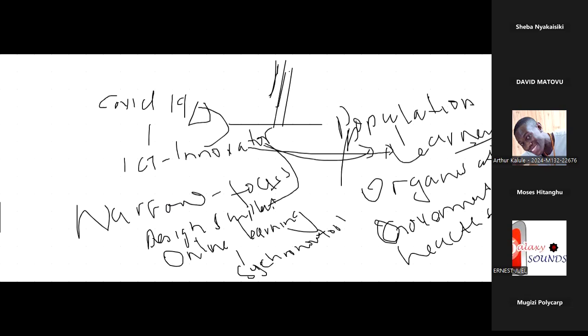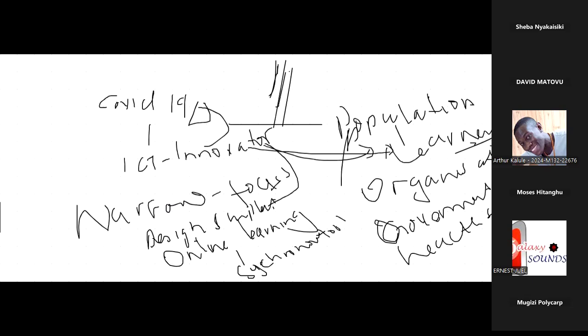That's why the beginning is always a clearly defined research problem, which leads to a research question. Start with that.